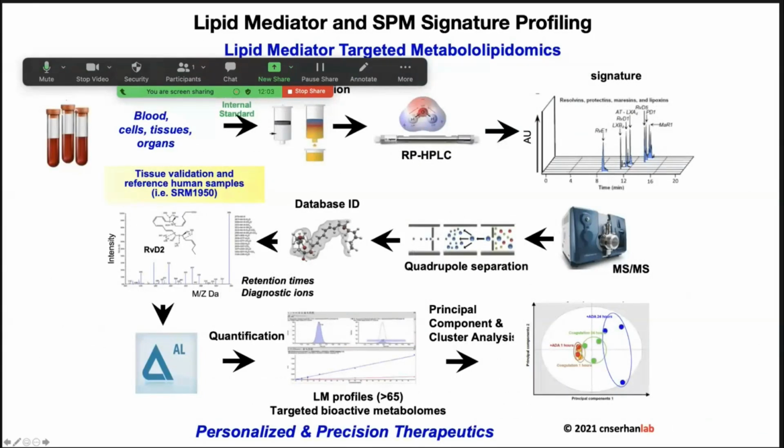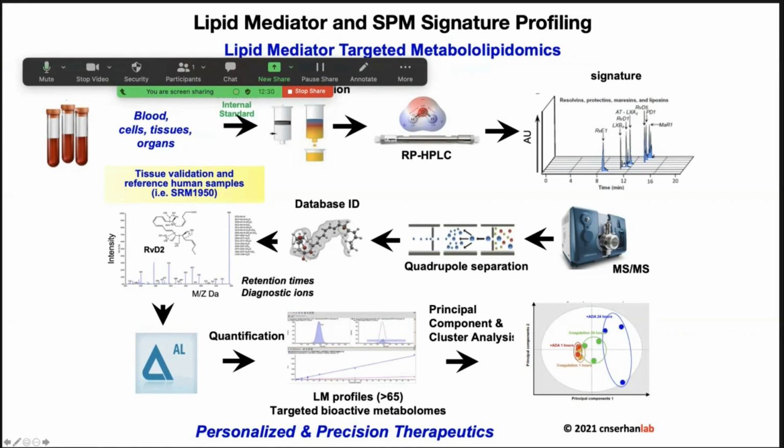We have introduced auto extractor in our lab and are using a targeted lipid mediator metabolomics approach, illustrated here, that relies on LC-MS-MS. We have introduced spectral libraries for all of the pro-resolving mediators, which are also commercially available now.